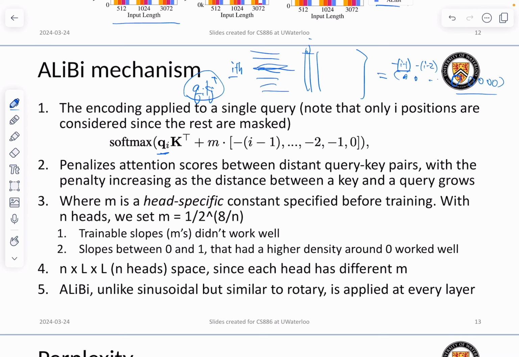So basically, we have, for example, the sentence "my name is Matt", and during training the first Q is going to be on "my", and if we're doing language modeling, K is also going to be on "my", so that's the first one.